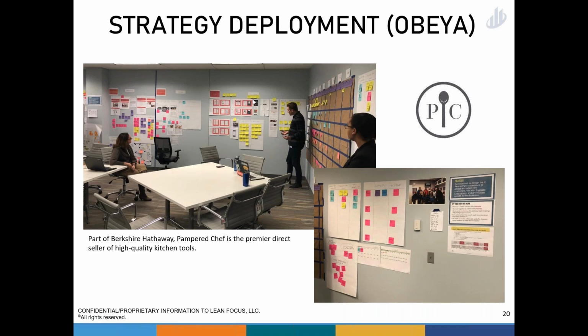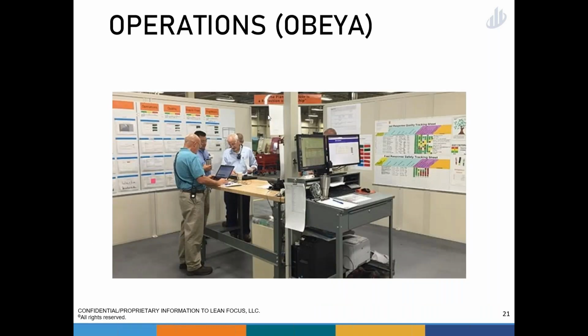How are we targeting that growth? And what is our plan to roll that out? Building this Obeya around that to really facilitate and drive that alignment around building the plan, and then alignment around the key decisions that need to be made, the key milestones for executing that. Big help in getting consensus.